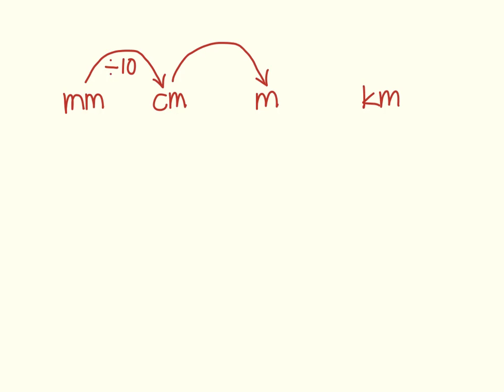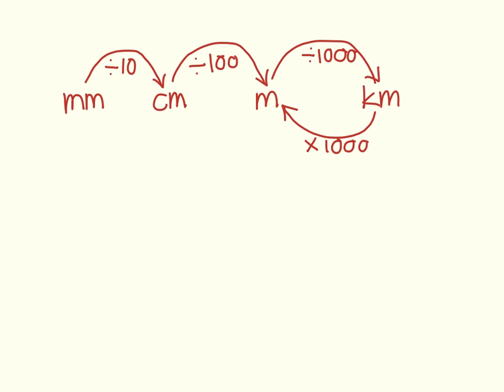Here we divide by 100, and here we divide by 1000. And going back the other way, we multiply. Okay, so we end up with a larger number of metres than kilometres. We end up with a larger number of centimetres than metres, and we end up with a larger number of millimetres than centimetres. So that is for length.